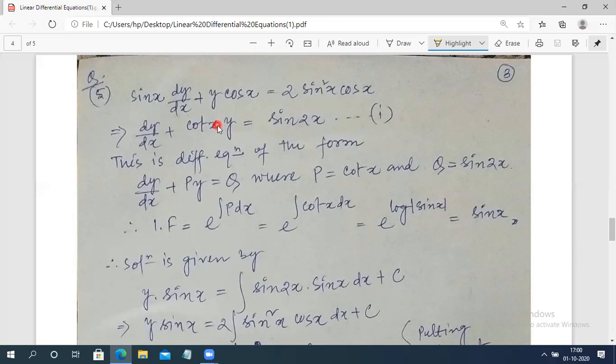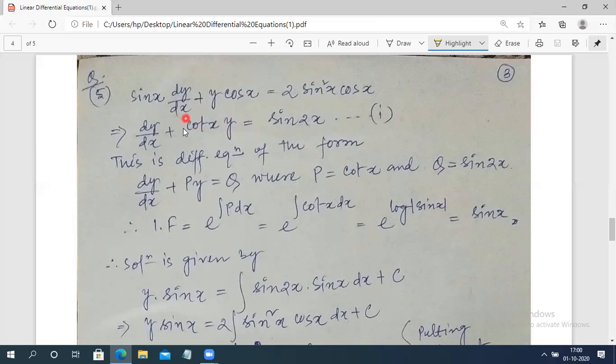So what will be the differential equation of the following form? This is of the form dy/dx plus p into y is equal to q, where p and q are functions of x alone. So p is your cot x. Since it is y, there will be p into y.